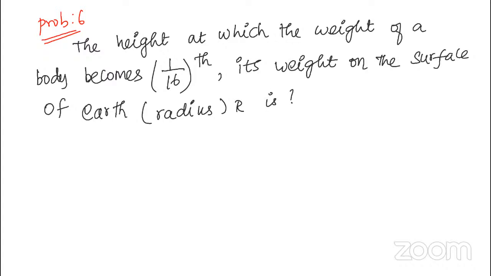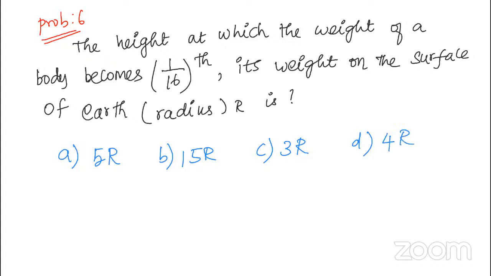Option A is 5R, B is 15R, C is 3R, and D is 4R. So in that problem, we noticed that the height at which the weight of the body becomes 1/16th of its weight on the surface of the Earth, in radius.